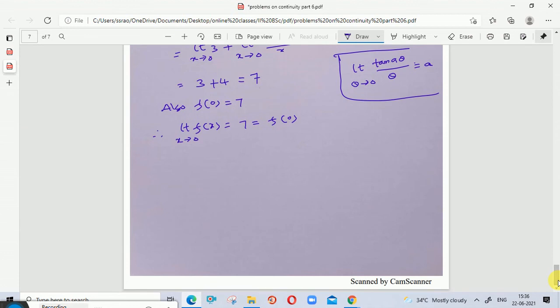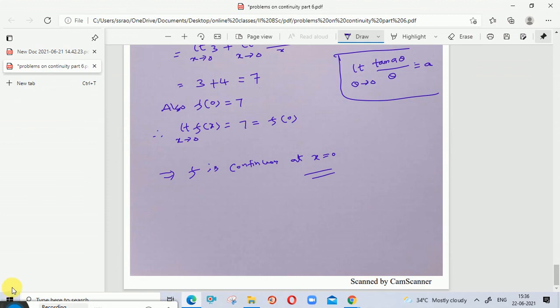That implies f is continuous at x is equal to 0. Here f is continuous at x is equal to 0. Okay? Any doubts? No, sir. No doubts? No, sir.